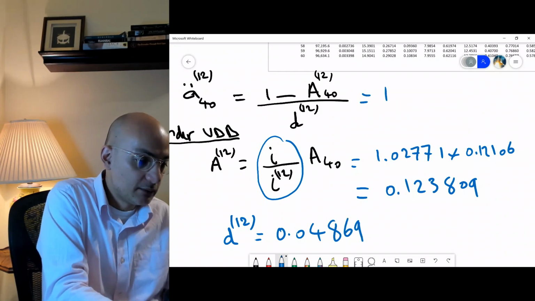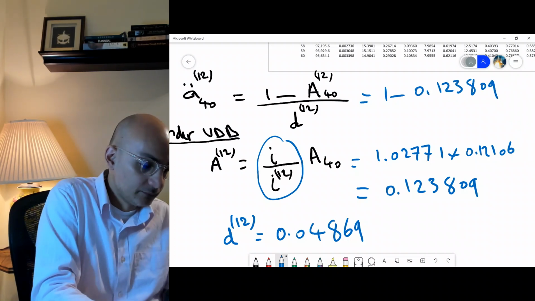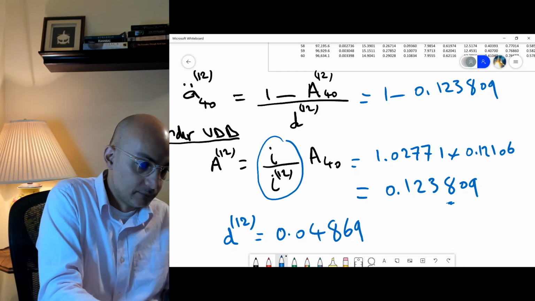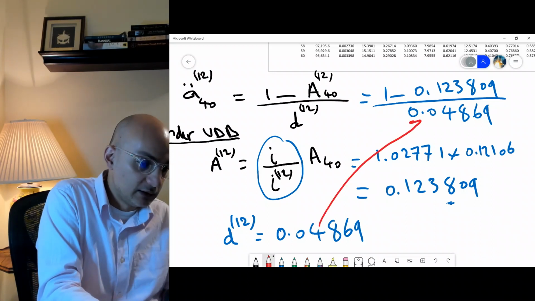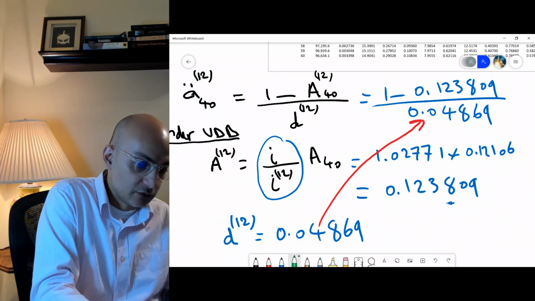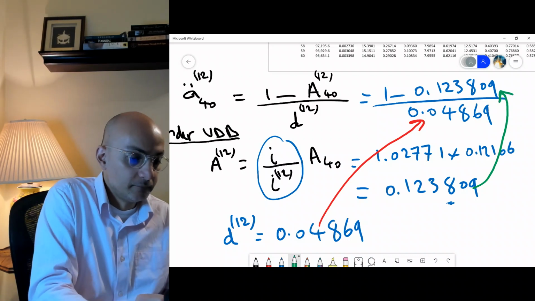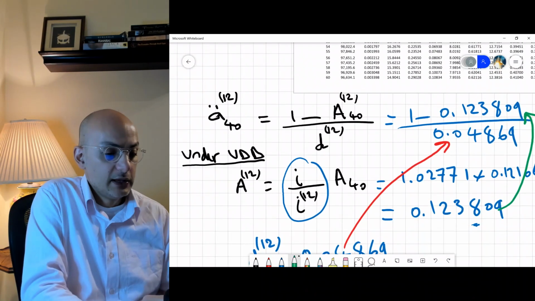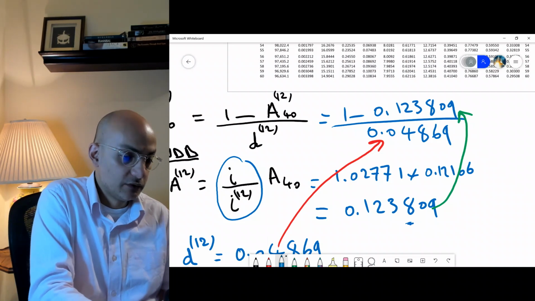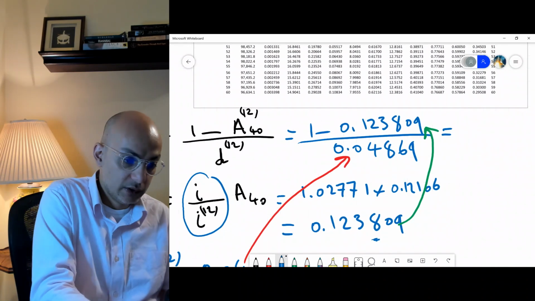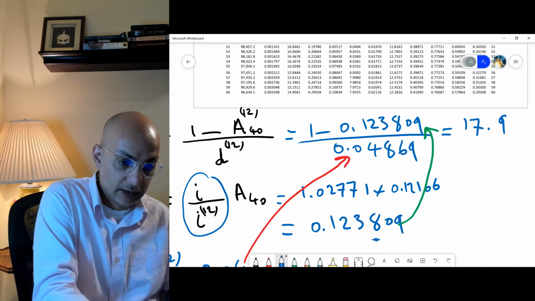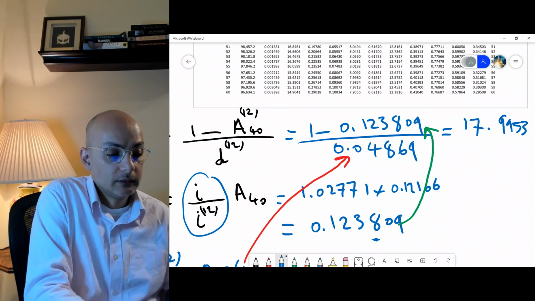Now this one becomes 1 minus 0.123809, which is from here, divided by 0.04869. This one we got here, and this one we got here. So we can calculate lots of things here, and if you do the math for this one, what you will get is 17.9953.